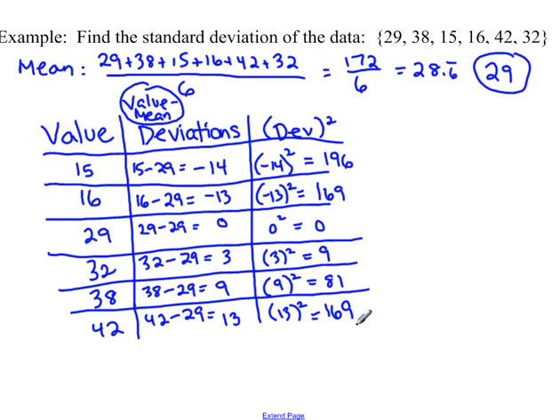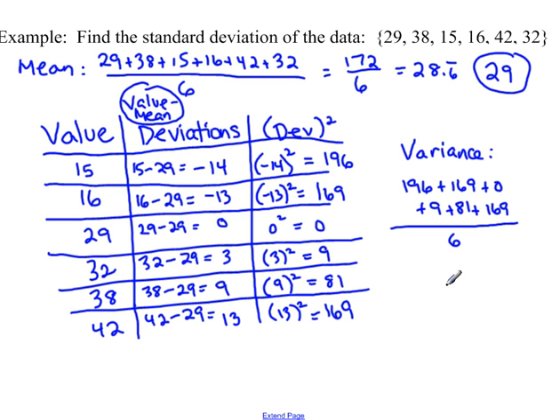Alright, now we want to find the variance. The variance is the mean of this last column of numbers. So the variance is going to be equal to 196 plus 169 plus 0 plus 9 plus 81 plus 169, all that divided by 6.